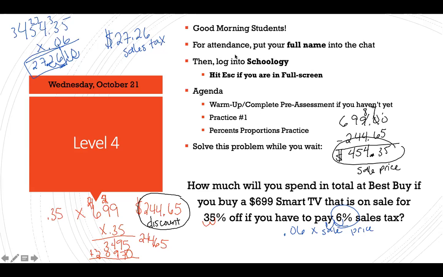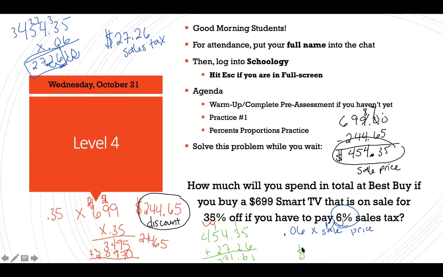Right, I'm gonna do that right now. So I'm gonna take my 454.35 and add to it 27.26. All right, that's gonna give me 471.61.